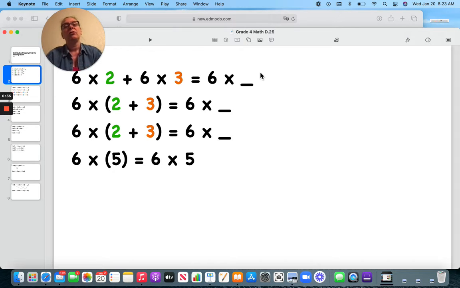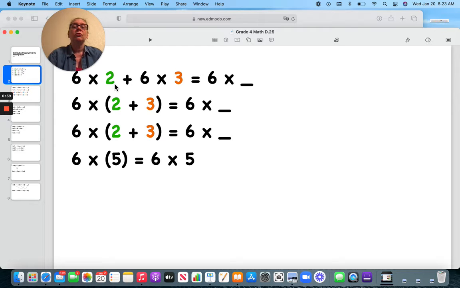The way I start out is, when I look at this, I can say 6 times 2 plus 6 times 3 equals 6 times something. Well, what I can do is add the 2 and the 3. So I pull the 6's out, because I'm going to multiply 6 times both of those numbers.